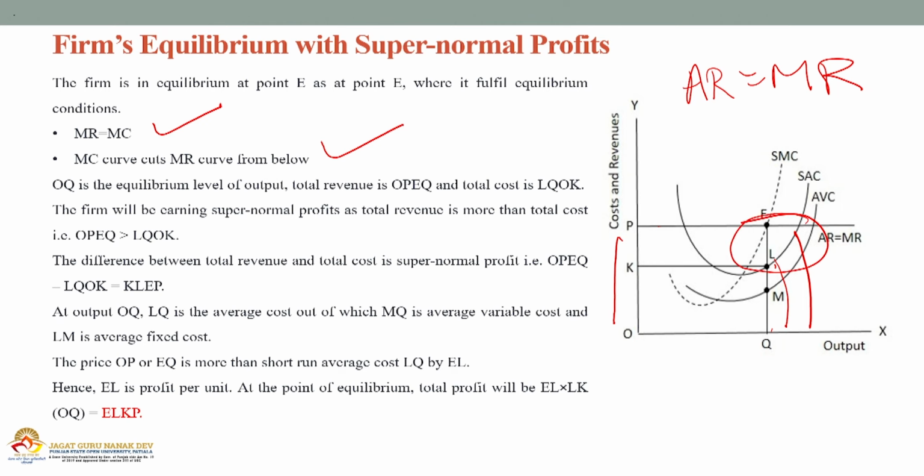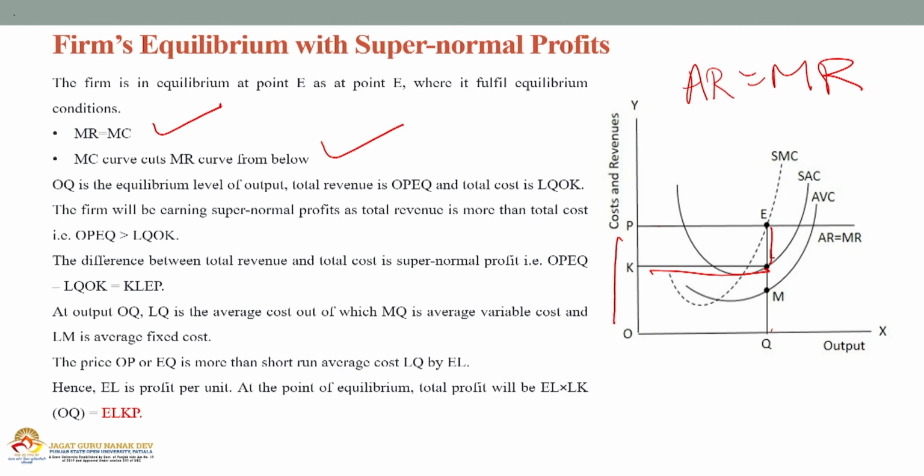So this box PELK is our supernormal profits. So EL is profit per unit at the point of equilibrium, and total profit will be EL multiplied by LK.